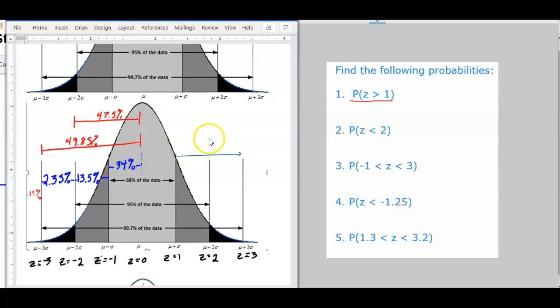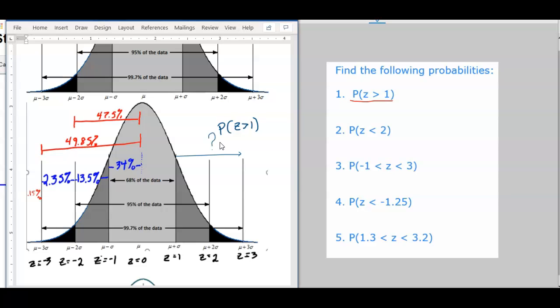So if we want to know this area, this is the area in question. That is the area that would give us the probability of a z-score being greater than 1, right? We want to know the probability of the z-score being greater than 1.